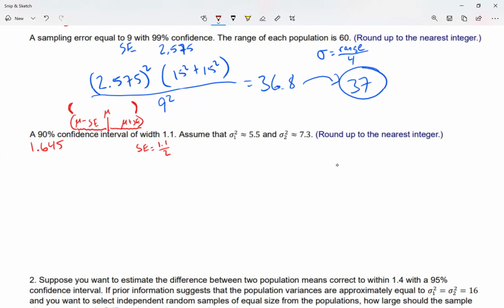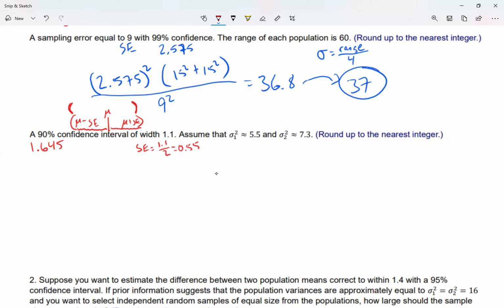Well, my standard error in this case will be 0.55. And I have my variance of sample 1 is about 5.5. My variance of sample 2, 7.3. Oh, cool. I have it how I need them.